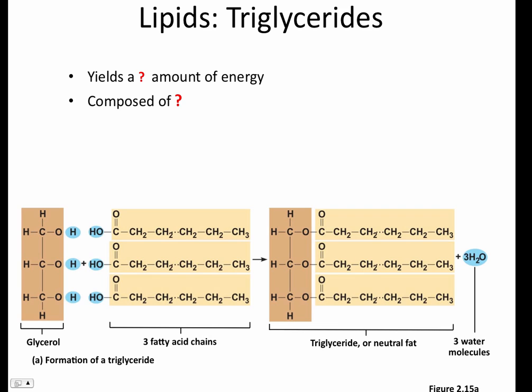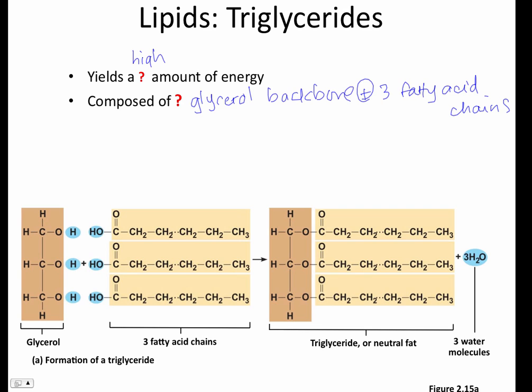Now let's take a look at each of these lipids one by one, starting off with the triglycerides. Even though we might not think of fat as being the greatest thing within our body, it actually is one of the greatest sources of yielding a high amount of energy. It's composed of a glycerol backbone and 3 fatty acid chains.